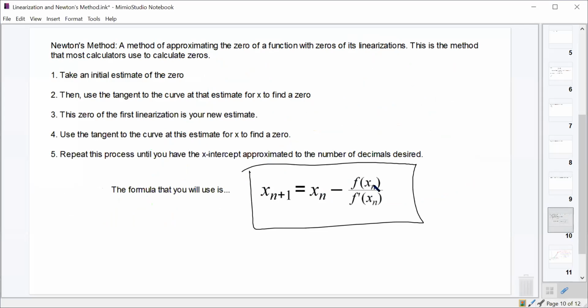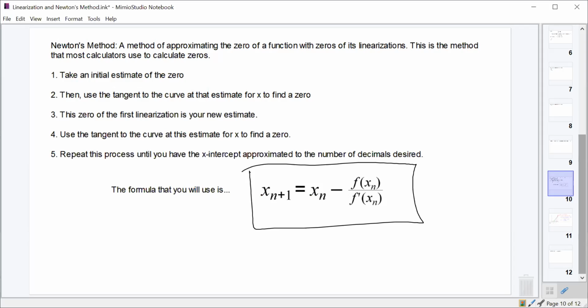Everybody good with that? Any questions on that process, the idea of what we're doing there? How would you go ahead? Oh, okay, thanks. So I'm assuming this helps with estimating.